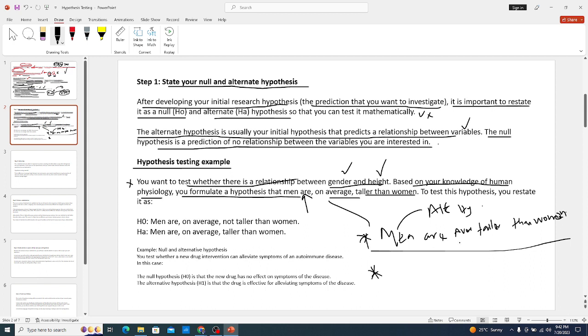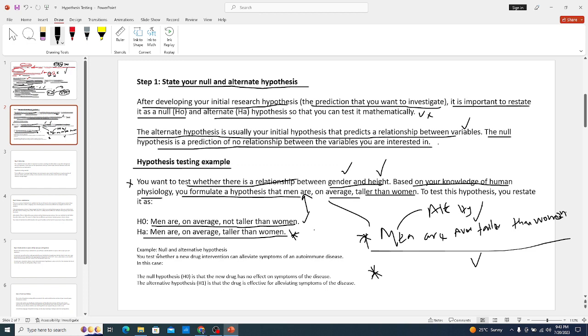So our null hypothesis is that men are not taller than women, but our alternative hypothesis supports our research topic, that men are taller than women. Good.